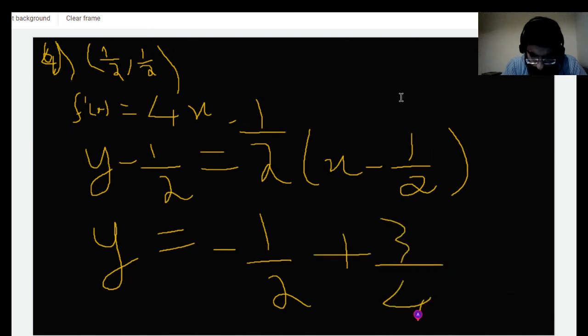So, 3 by 4 is minus 1 by 2 x. Then now find the coordinates of Q. So, how would I know where it intersects?